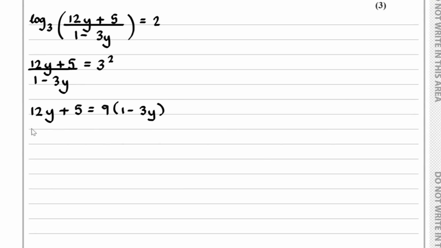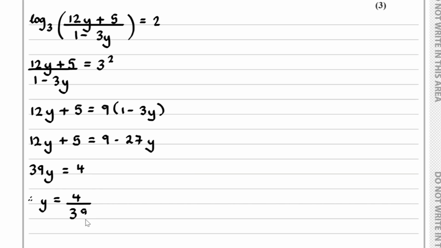If we expand, we end up with 12y plus 5 equals 9 minus 27y. So 39y is equal to 4, from which we can conclude y is equal to 4 over 39.